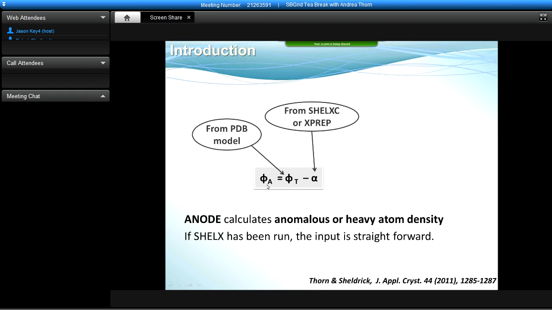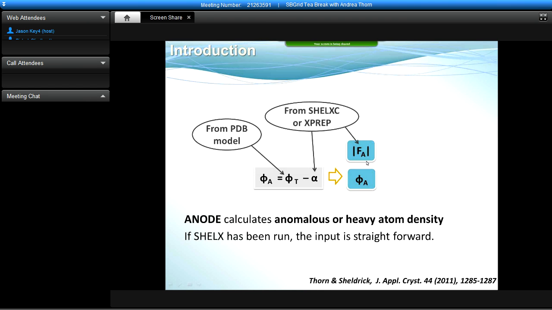So then we can calculate phi A, and we can actually calculate it a little bit better than with SHELXC because the PDB model should yield us better phases than we got before. We can use these phases and combine them with whatever differences we have used for phasing.